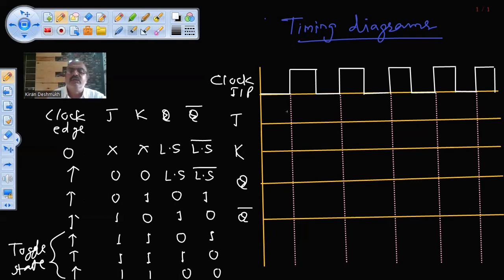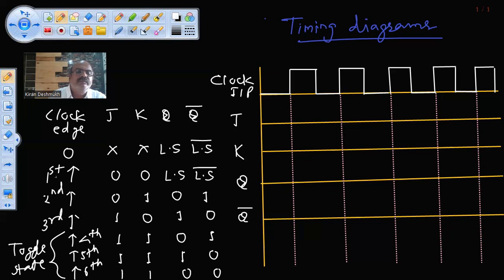Okay. So for each clock, this is your first clock. This is your second clock. This is your third clock. This is the fourth clock. This is the fifth clock. And this is the sixth clock. We will draw the waveforms. Okay.